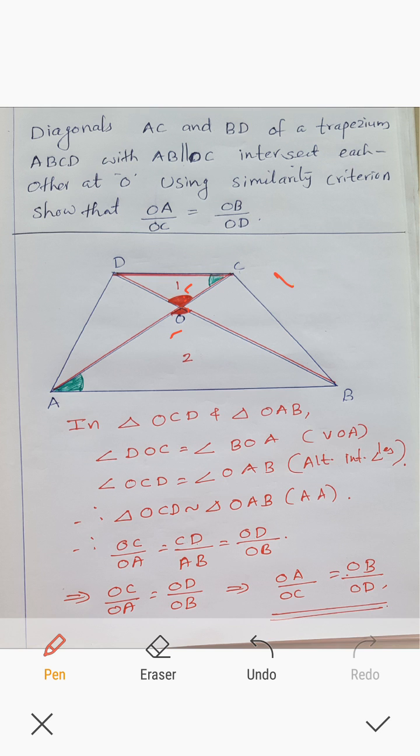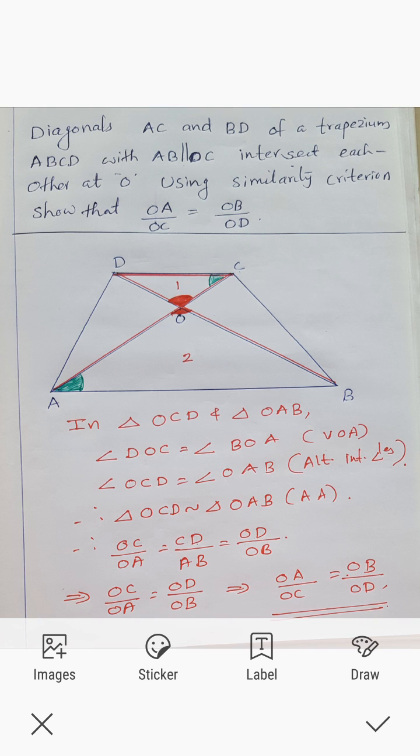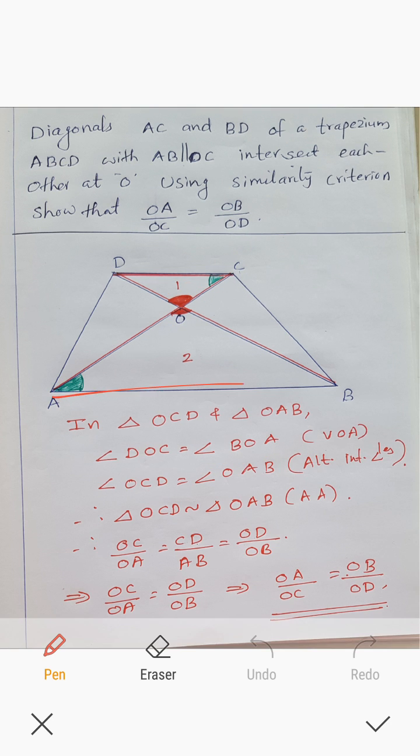These two are equal. They are vertically opposite angles. So angle DOC equals angle BOA. Then you see AB is parallel to DC. If we consider AC as a transversal, these two are alternate interior angles.